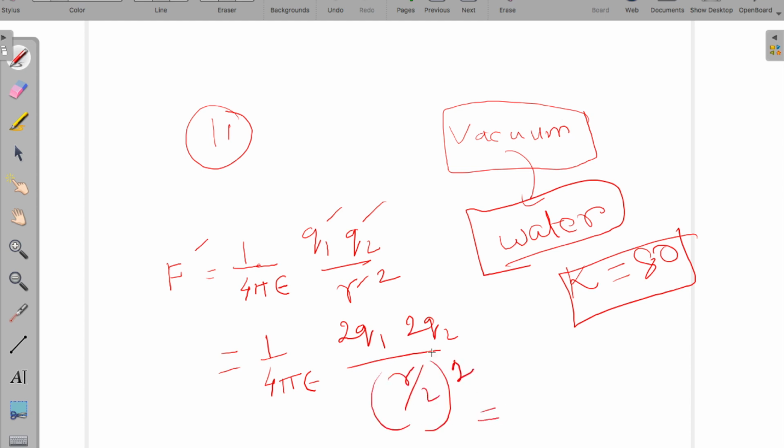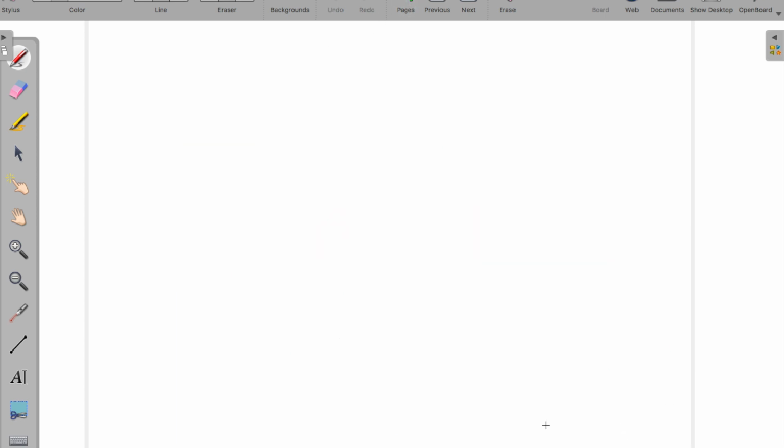Next, what we got is 16 times 1/4 pi epsilon q1 q2 by r square. Suppose I put this equation as 2. So in case of water, F dash is 1/4 pi epsilon multiplied by 16 multiplied by q1 q2 by r square.